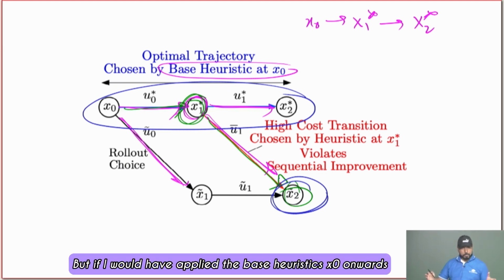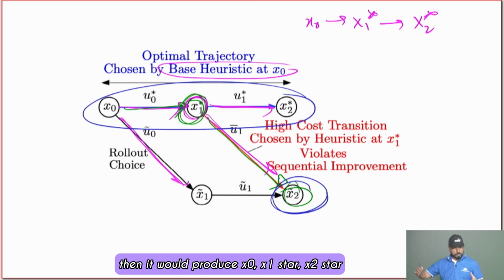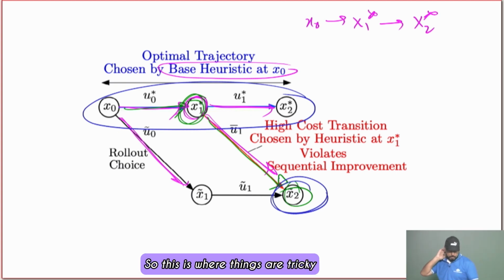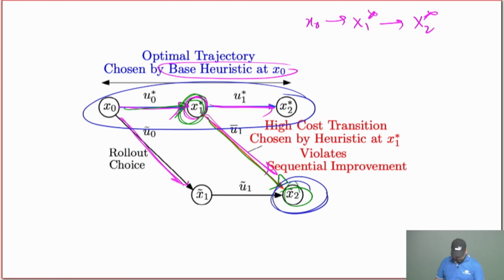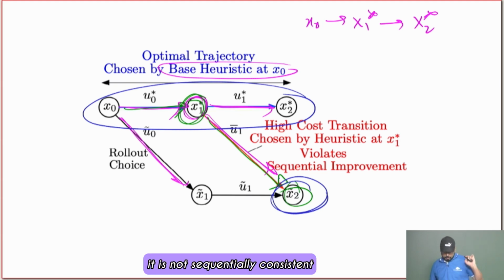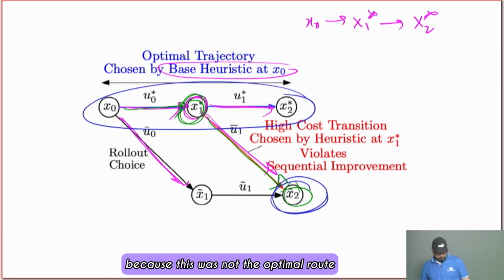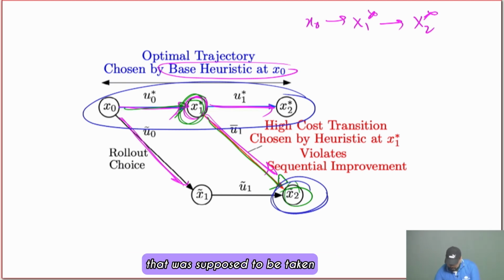But if I had applied the base heuristic from x0 onwards, it would produce x0, x1 star, x2 star. This is where things are tricky: it is not sequentially consistent, and hence the cost improvement is not there, because this was not the optimal route that was supposed to be taken.